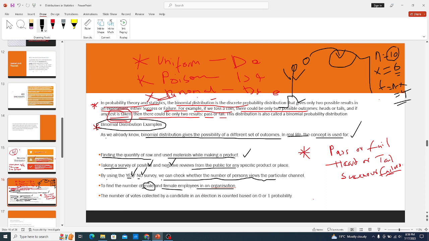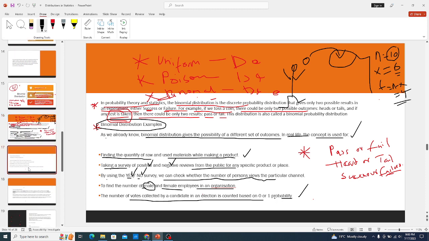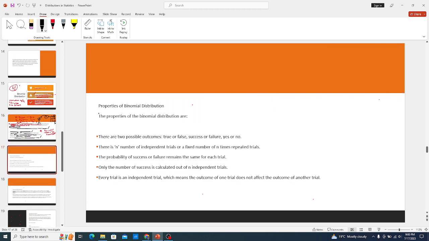Then we have the number of votes collected by a candidate in an election. It's counted based on 0 or 1 probability. Nice. Let's now go to the properties of binomial distribution.